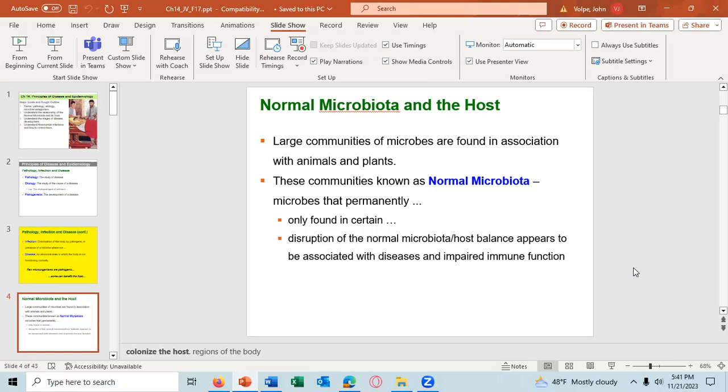These communities are known as the normal microbiota, the microbes that essentially, once they get established, tend to colonize the host and will live with the host for nearly all of their lifespan. Any question about any of that?